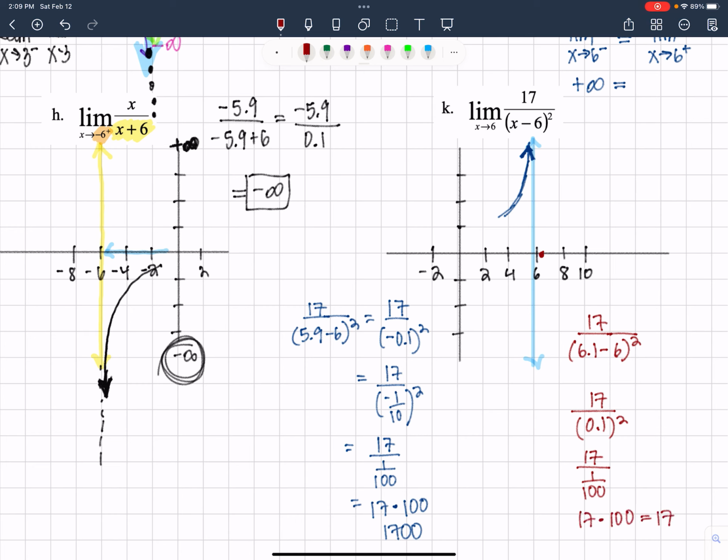So we know that it's positive, and we know that what's happening on the left is that we're getting really, really big positive outputs. So the left and the right are both approaching positive infinity. Therefore, the limit as x approaches 6 of 17 over (x minus 6) quantity squared is equal to positive infinity.